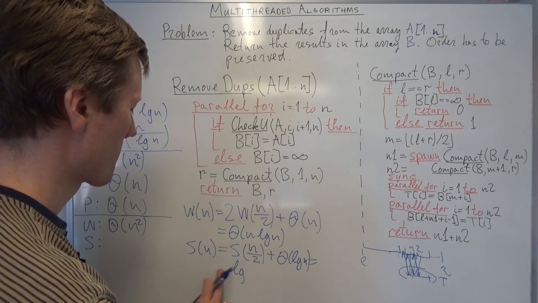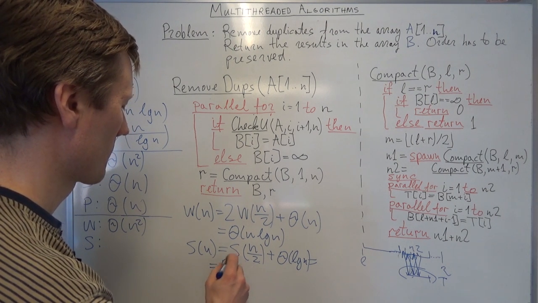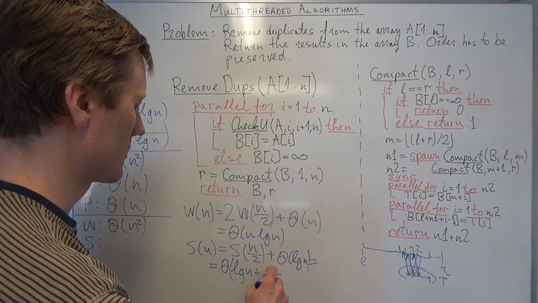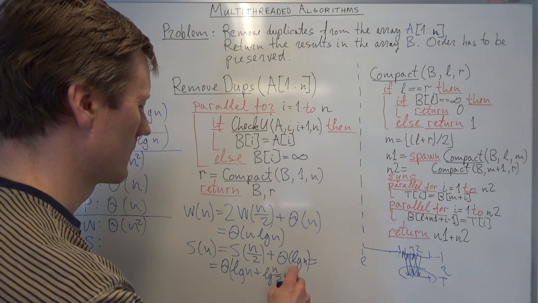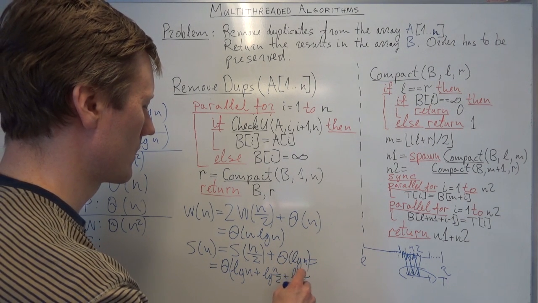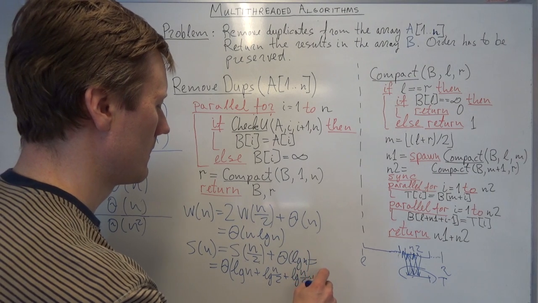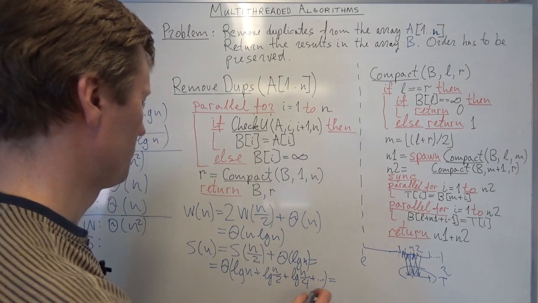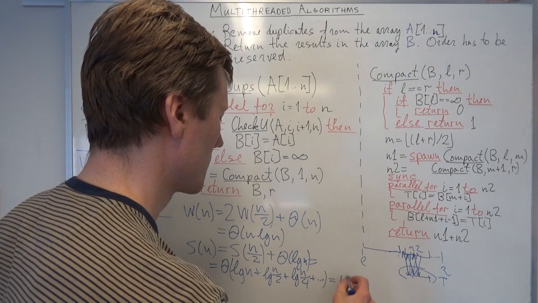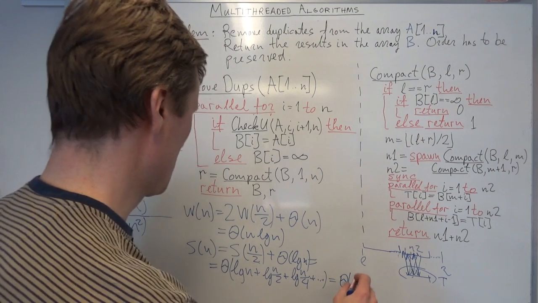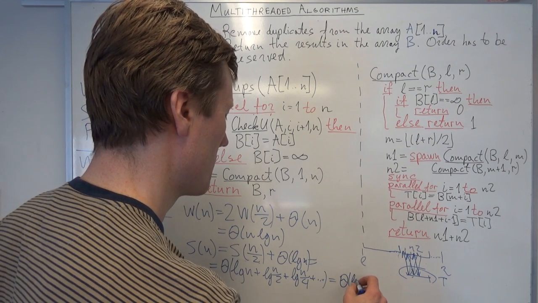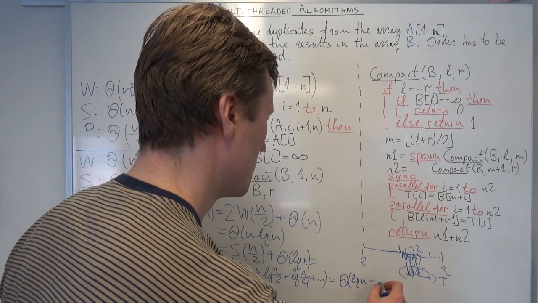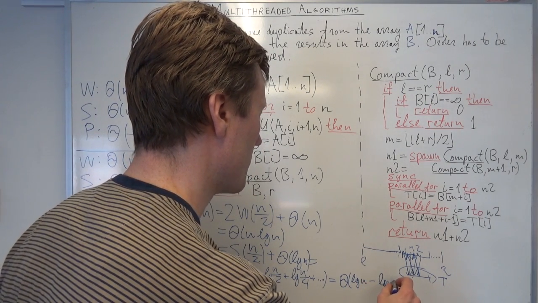It's log n plus log n over 2 plus log n over 4 and so on, and that can be written as a series like this: log n, then log n minus 1.